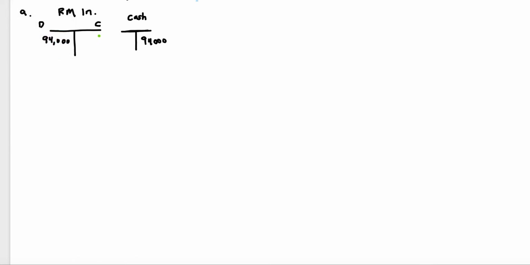For B, we need to recognize that we're actually using 3 accounts. How do you know that? I know that $89,000 in total of raw materials is being placed into production.